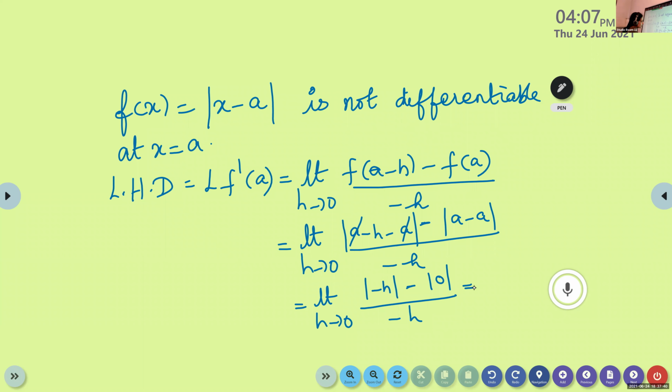So that is modulus of minus h is h itself. So limit h tending to 0, this h by minus h. So we will get minus 1. So we get left hand derivative as minus 1.